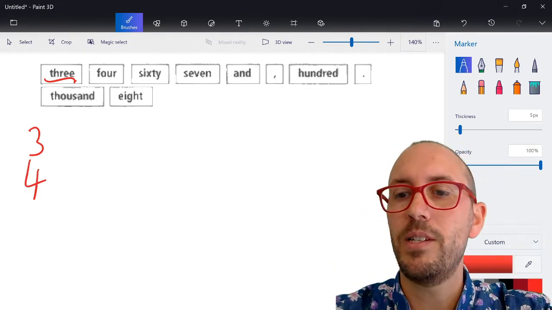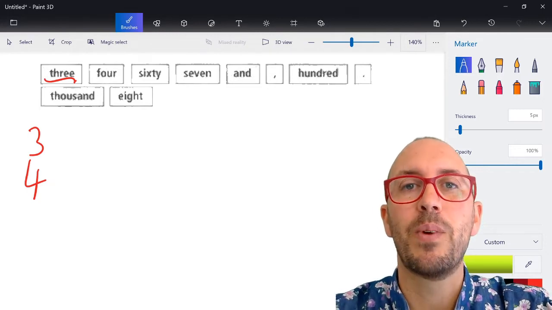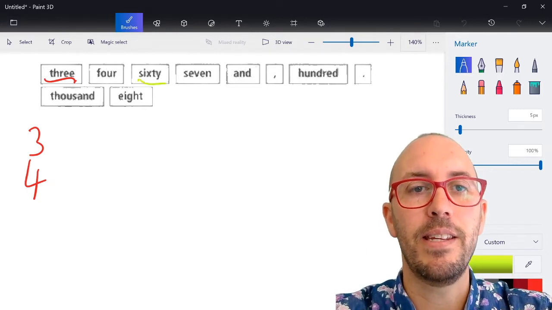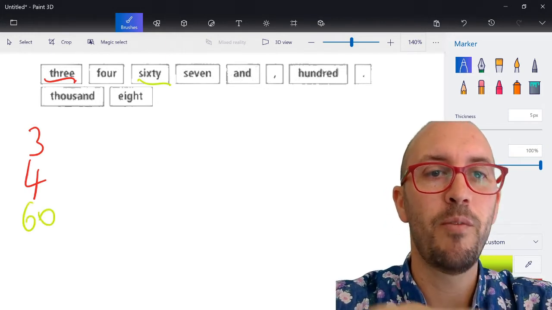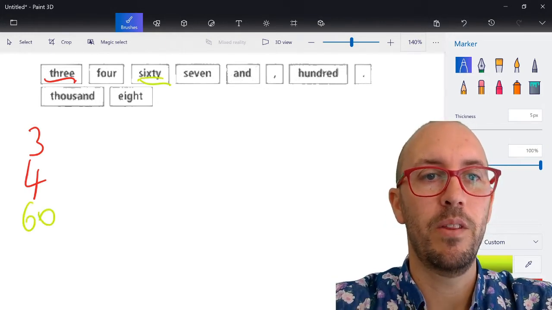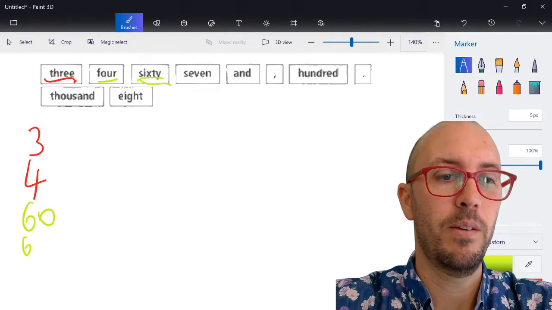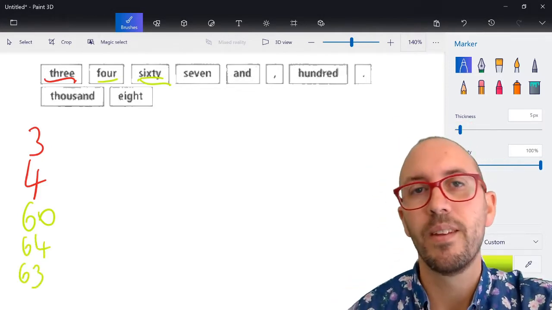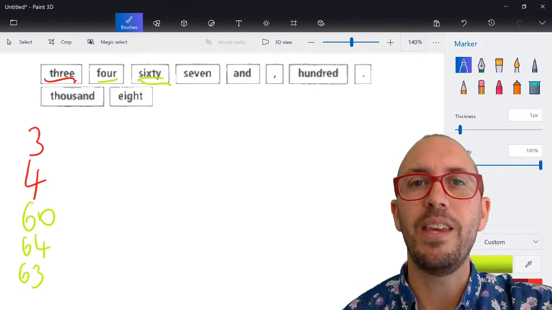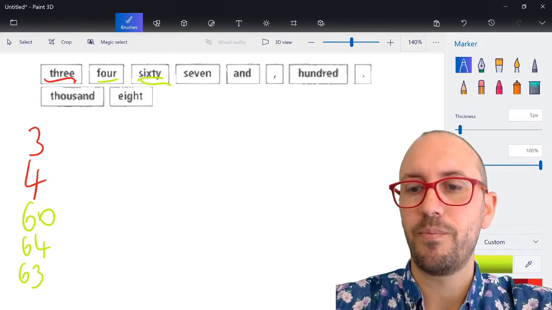I like to start with the easy ones, but as we're getting bigger, you can see the 60 is here. So I can put the 60 by itself, and then I combine the 60 with the 4 and the 60 with the 3 to make some more numbers. The same thing goes with the 100.